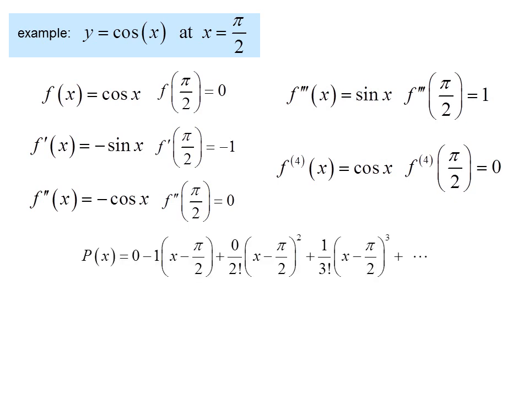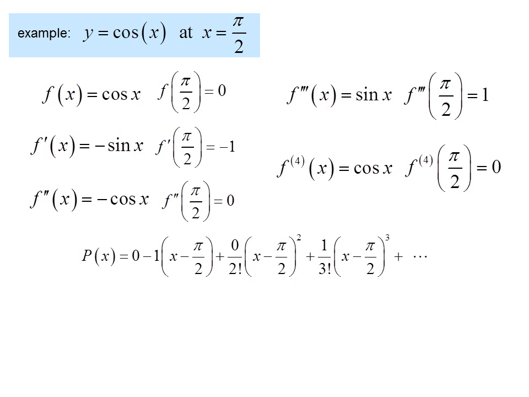Our series becomes p of x equals 0 minus 1 times (x minus pi over 2) plus 0 over 2 factorial times (x minus pi over 2) squared plus 1 over 3 factorial times (x minus pi over 2) cubed.